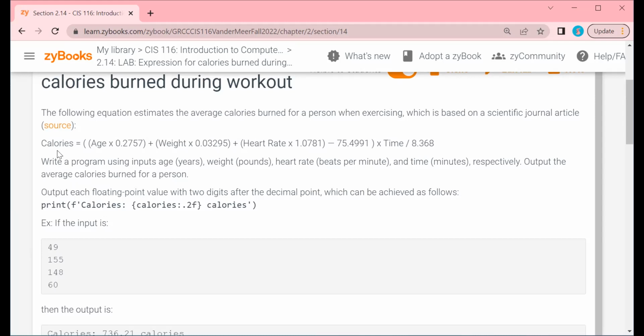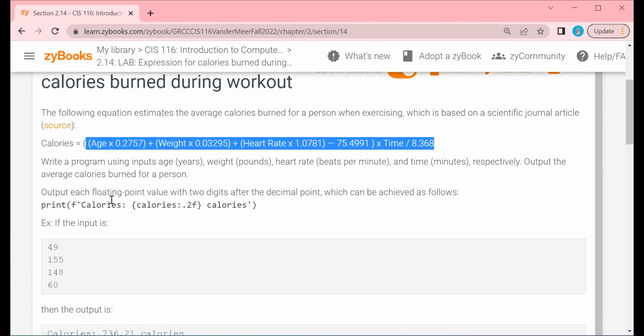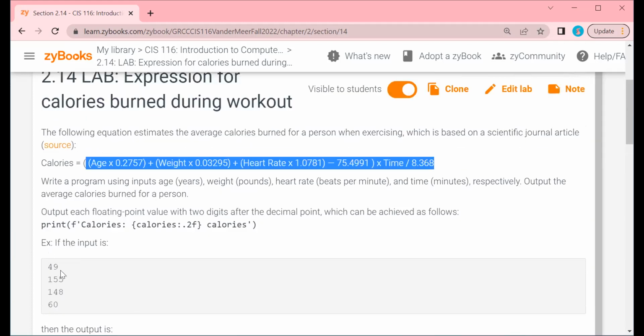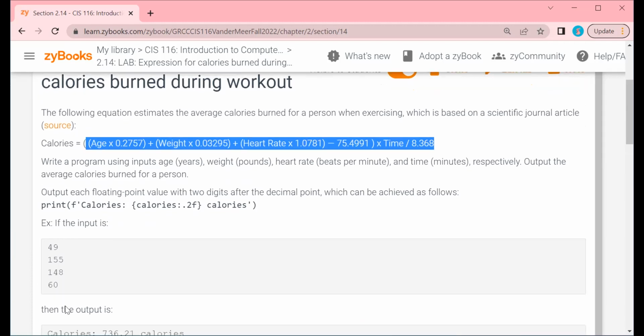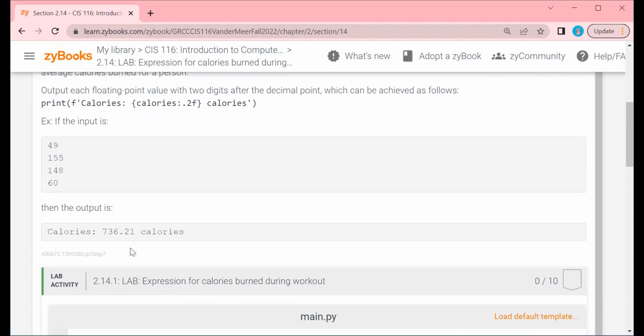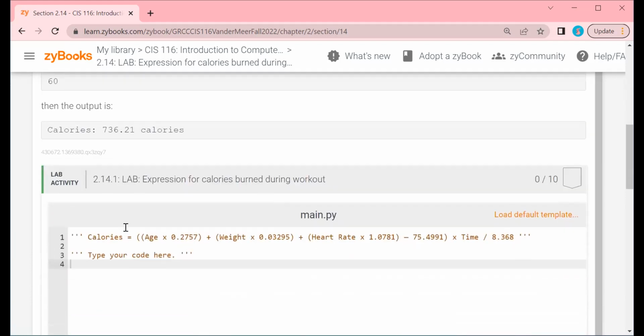Then I'm going to calculate how many calories I burn, and it gives you the formula right here. And then I'm going to output it, where I print just the calories, and I round it to 2. It's a float, so I do 2 to the right of the decimal. So if I'm 49, and I weigh 155 pounds, and my heart rate is at 148 for 60 minutes straight, I'm going to burn 736.21 calories.